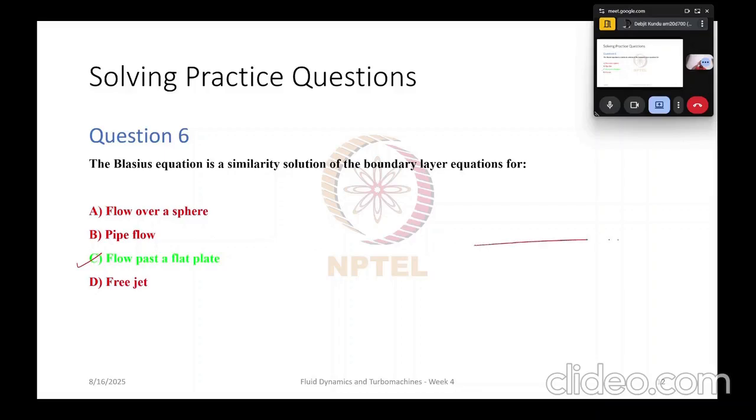So, whenever a free stream comes and hits a flat plate in its streamwise direction, then a boundary layer is formed. Boundary layer meaning a region in space within which the effects of the boundary is felt, and that is felt only for viscous fluids.